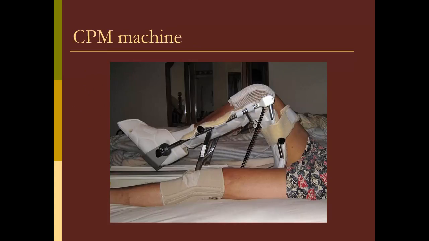And there's a picture here in the next slide of a CPM machine that just constantly has continuous movement of an affected knee to just keep that range of motion. So that would be moving back and forth there to keep that knee flexing and extending slowly over time.